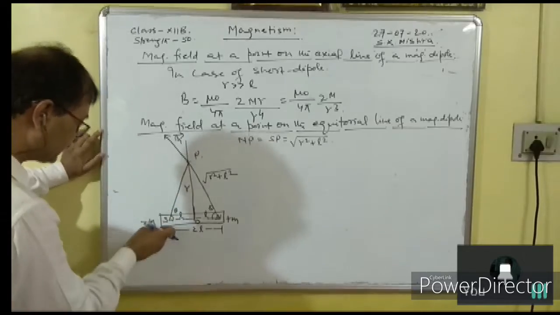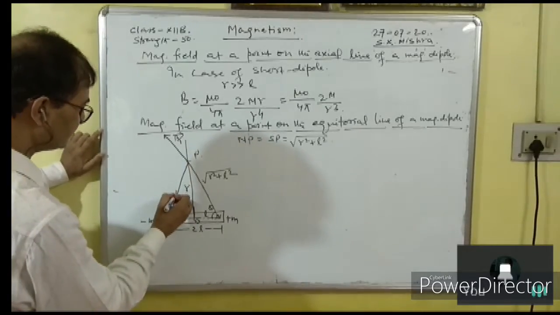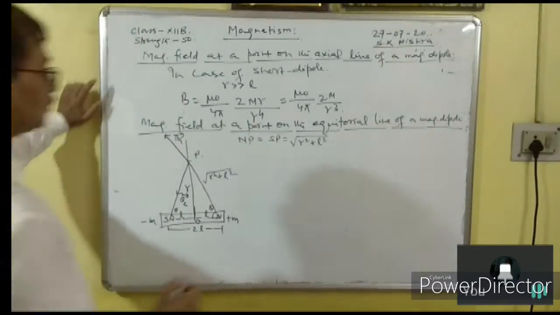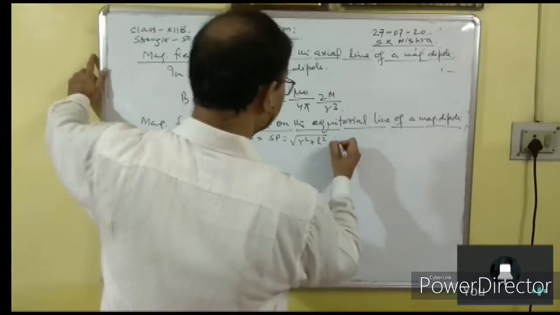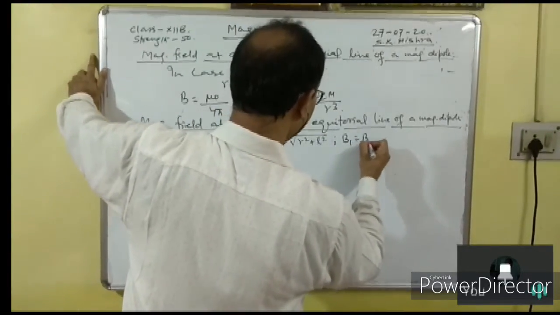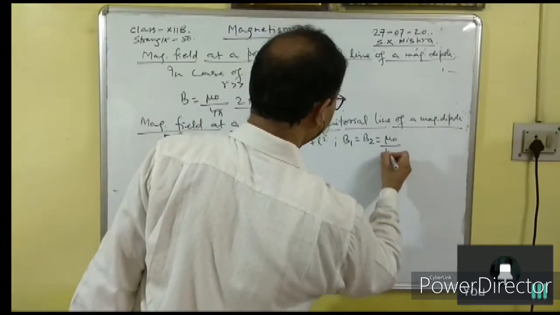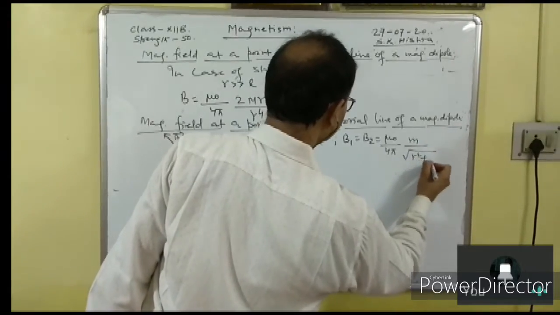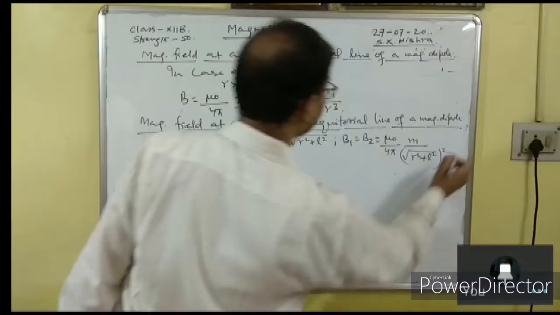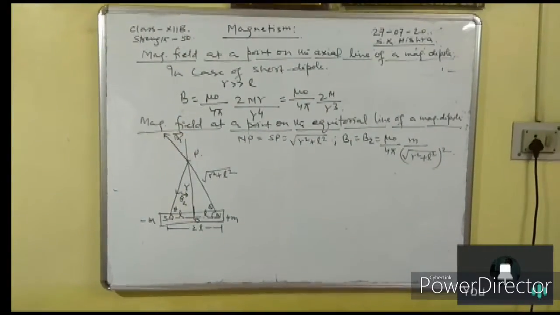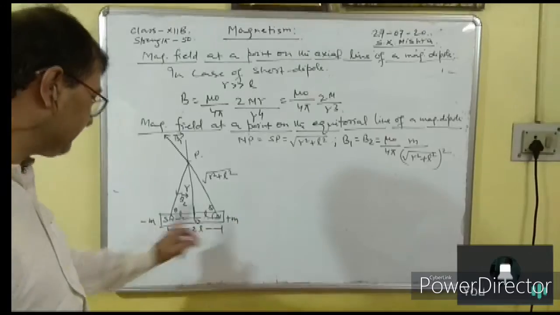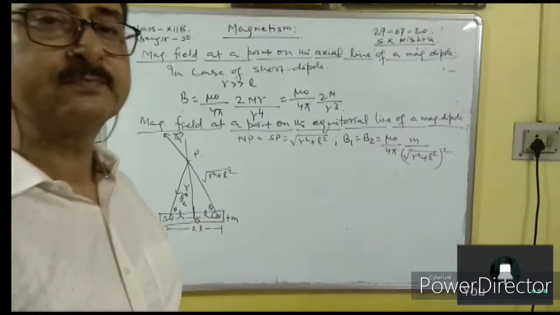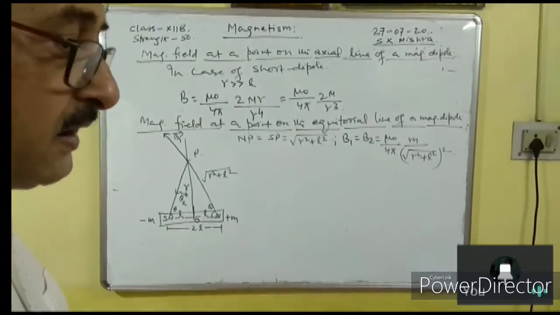Okay. So similarly, we are finding the magnetic field at a point on the equatorial line of a magnetic dipole.